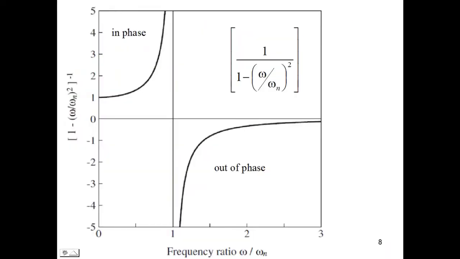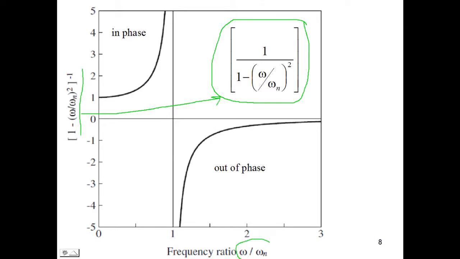A graphical representation of 1 over 1 minus omega over omega n squared will help us to understand the physical meaning of this factor. Here, the y-axis is the factor under consideration, and the x-axis is the ratio of omega to omega n, where omega is the forcing frequency and omega n is the natural circular frequency.